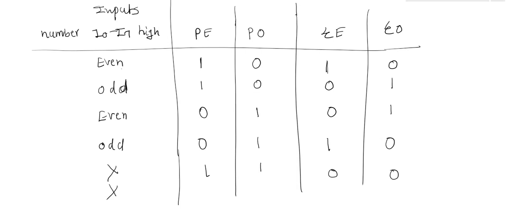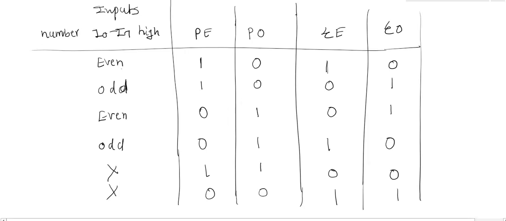Similarly, whatever the number of input lines, even or odd, doesn't matter, if both the even and odd parity bits are 0 0, then the output of the 74180 is 1 1.